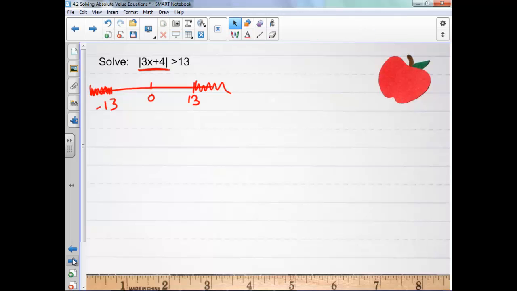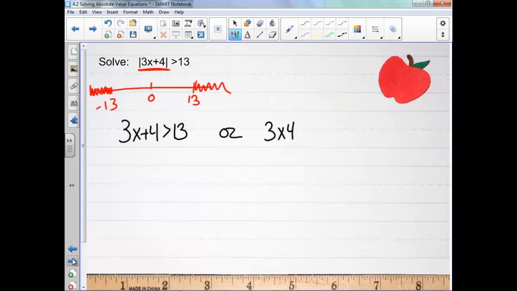So now we need this 3x plus 4 to be greater than 13, or we need it to be less than negative 13. So once again, notice from here to here, we changed it to a negative, but then also changed the sign. So each time you're going to be changing the sign and changing it to negative.